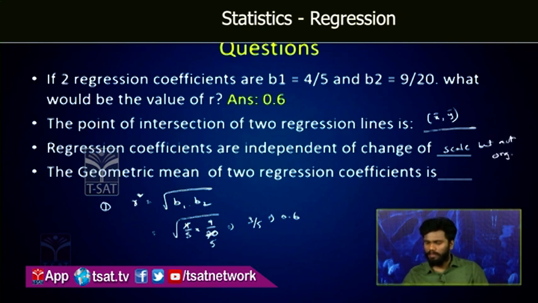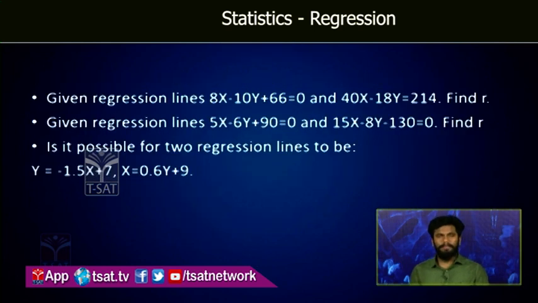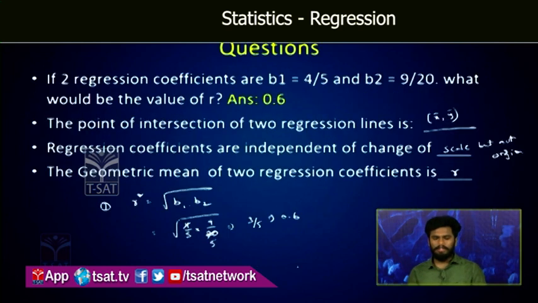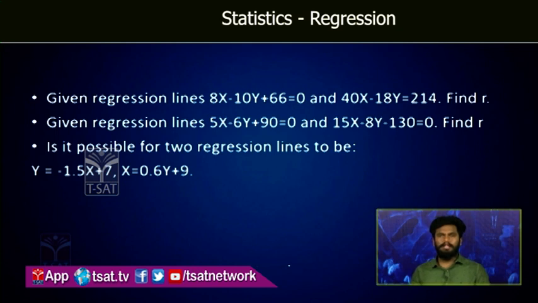So that is very, very important. Now the geometric mean of two regression coefficients is the correlation coefficient, that is r. These are just conceptual questions. We will see mathematically how they will ask the questions.